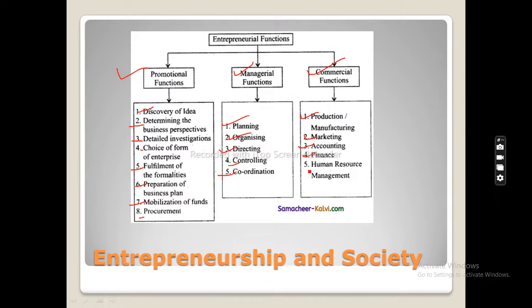Finance is there. Then human resource management: how many people are working in the organization, how the organization is managing those people, and what facilities and duties it is providing to them. This is the work of HR.